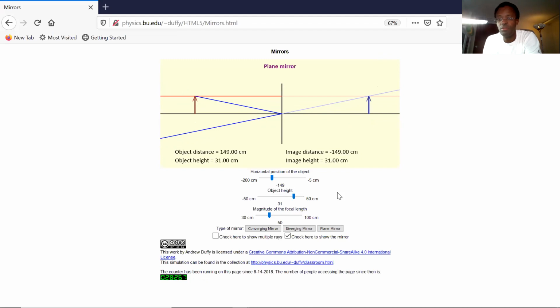So that's basically what you're going to do throughout this lab, and then you will draw conclusions, mostly about the image. The image is the blue one.